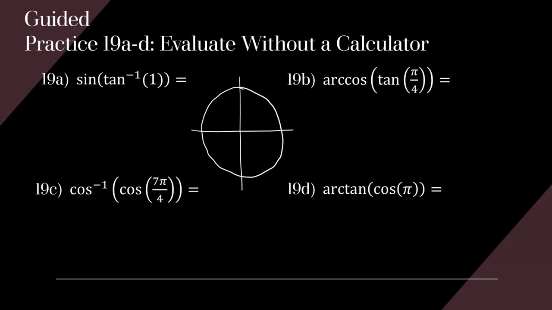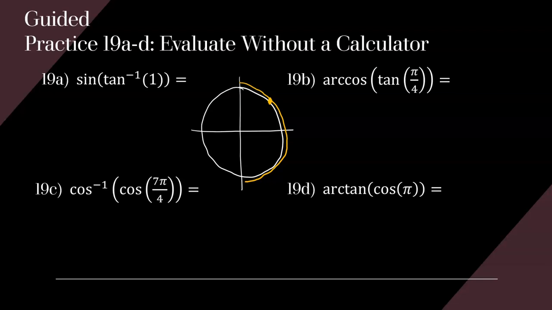So let's look at this first one, number 19a. It's asking us to find the sine of the inverse tangent of 1. Okay, so now the inverse tangent of 1. So remember the inverse tangent, we're focusing on between negative pi over 2 and pi over 2. Remember where the tangent is 1, that's in the middle. It's positive 1, so it's going to be the middle of quadrant 1.